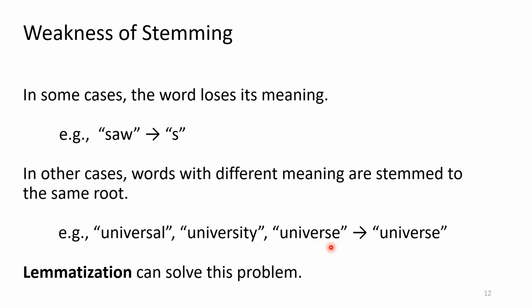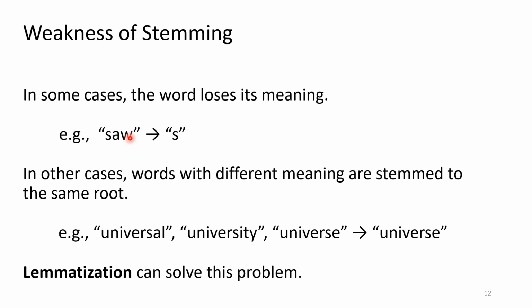Somebody is saying it should be UNIVERS only. In stemming there are some rules for chopping off words, so it depends on each word. In this case, the stemming package regards AW as a suffix. It's probable that we can change some setting, but by default it's regarded as a suffix.